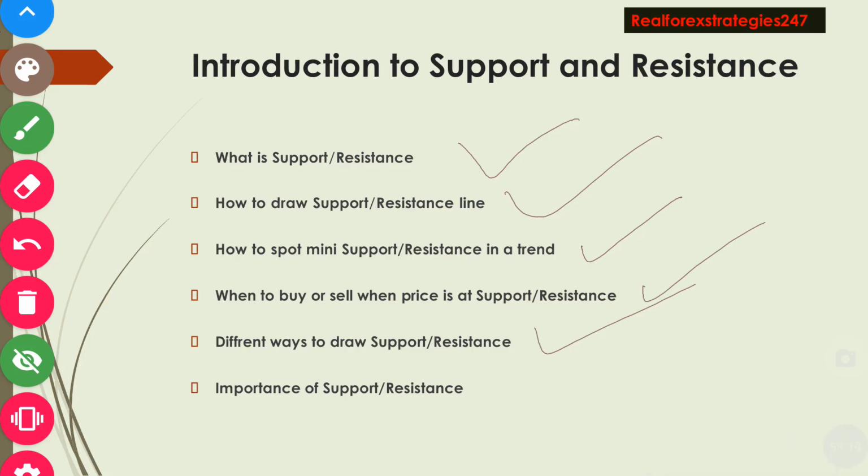So I have talked about 1, 2, 3, 4, and 5. Now this is the last one here: the importance of support and resistance. In the course of this class, we all have seen how important support and resistance is. It serves as a guide to trading.